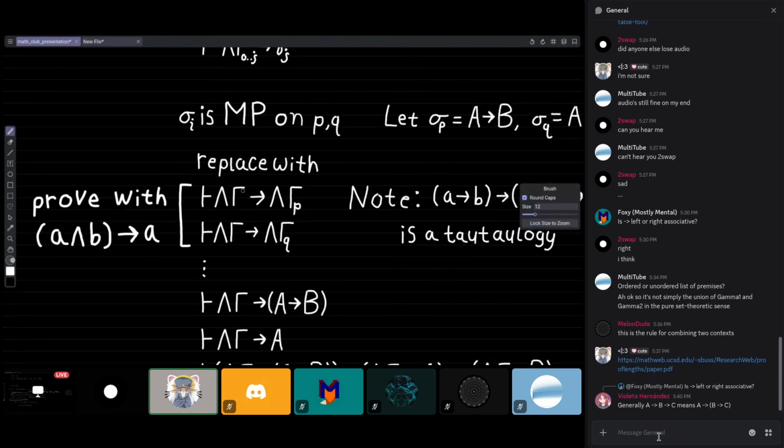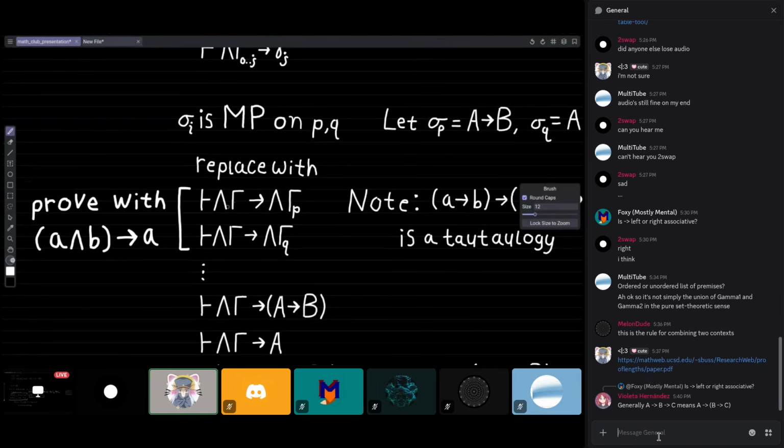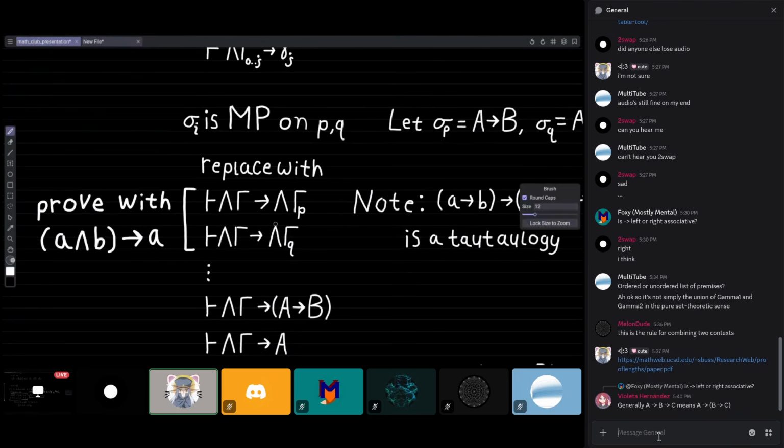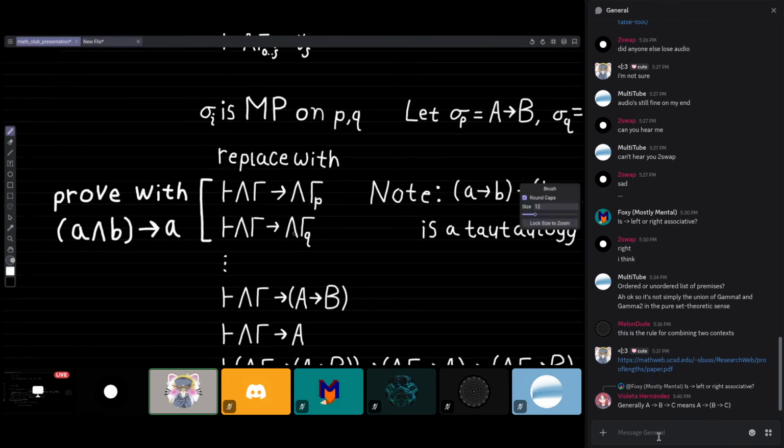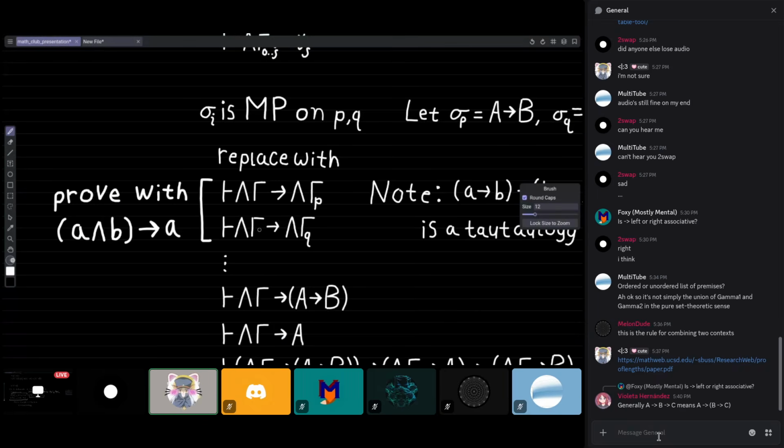So what this step requires is these two proofs here, which are of the form: from this bigger context, we can show that this smaller context is true. For both of the contexts in the apply rule here, which is context 1 and context 2.